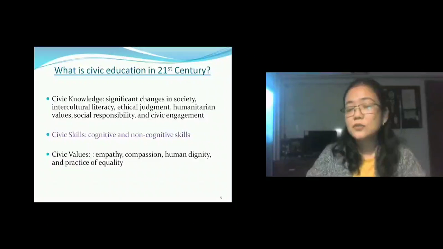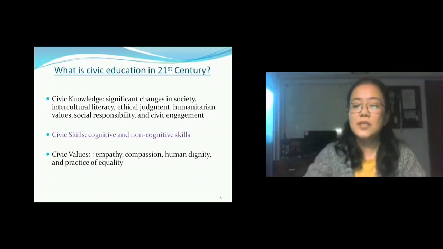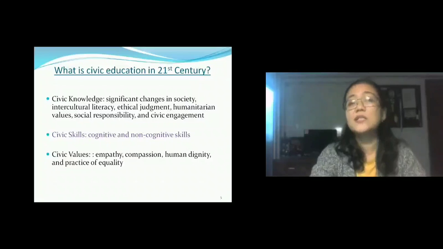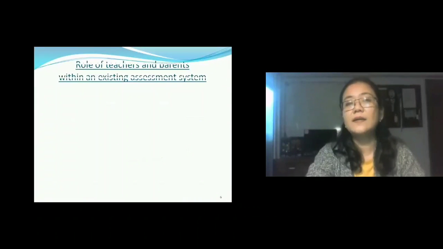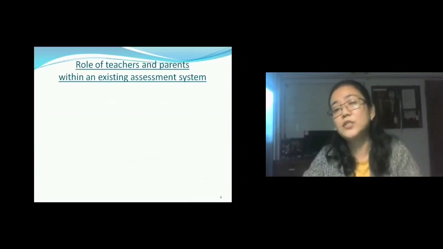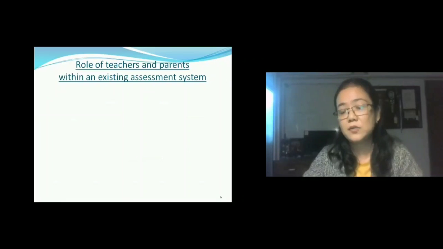To be able to answer these questions, I think we need to understand the realities in our Myanmar context. Okay, the two realities are the roles of the teacher and the roles of the parents. So these are the stakeholders. Another reality is the existence of the current assessment system.